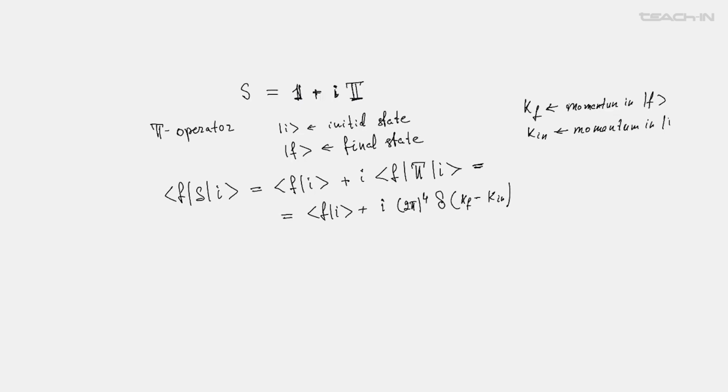And then one gets a quantity which I denote as A_FI. This quantity is called scattering amplitude. So once you pull out the delta function, what is left over is called a scattering amplitude. And this is the quantity of utmost importance in scattering theory.